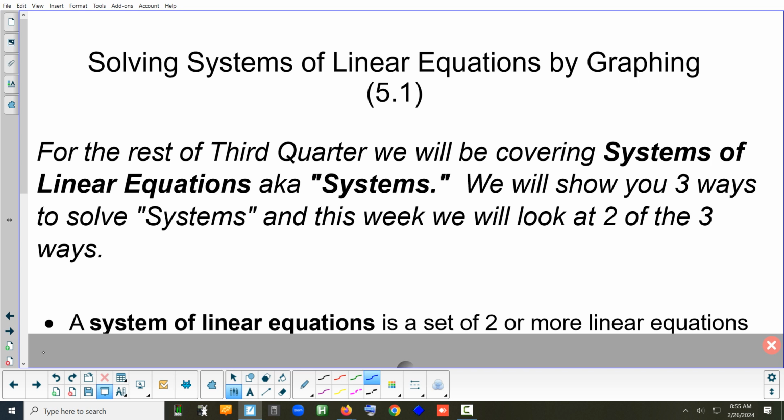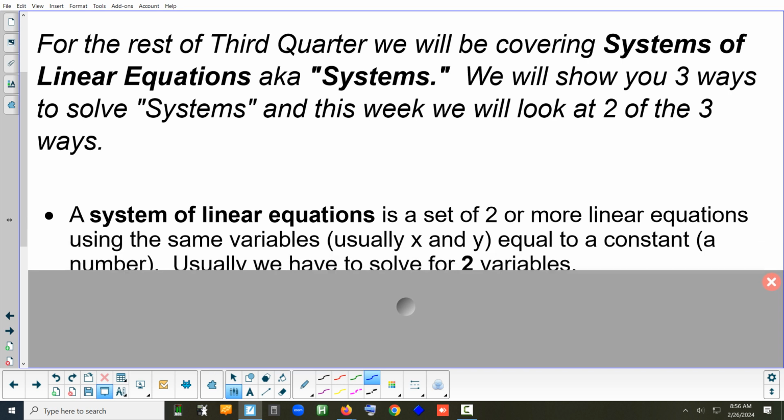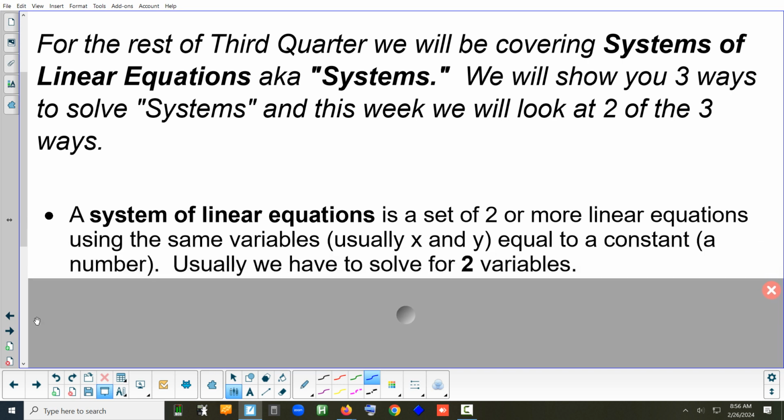Okay, so what is a system? So on your guided notes, it says and then you have a blank. You want to fill in what's in bold. Okay. A system of linear equations is a set, and then you have the rest of it already written. It's a set of two or more equations, and they have to use the same variables.